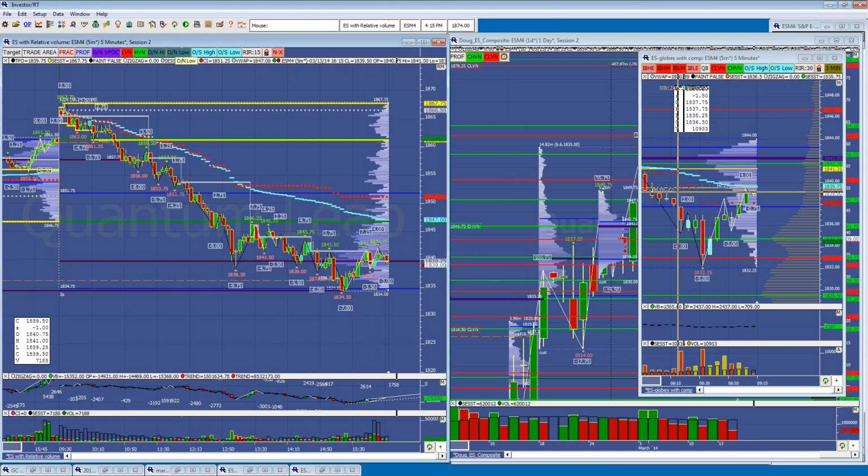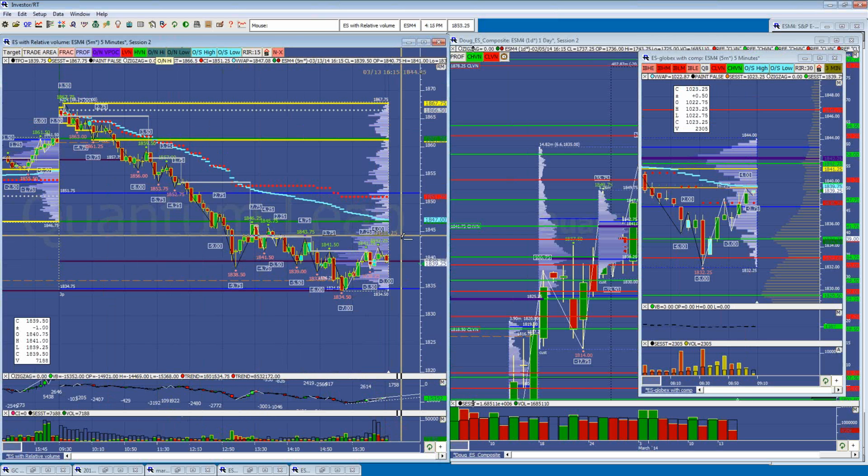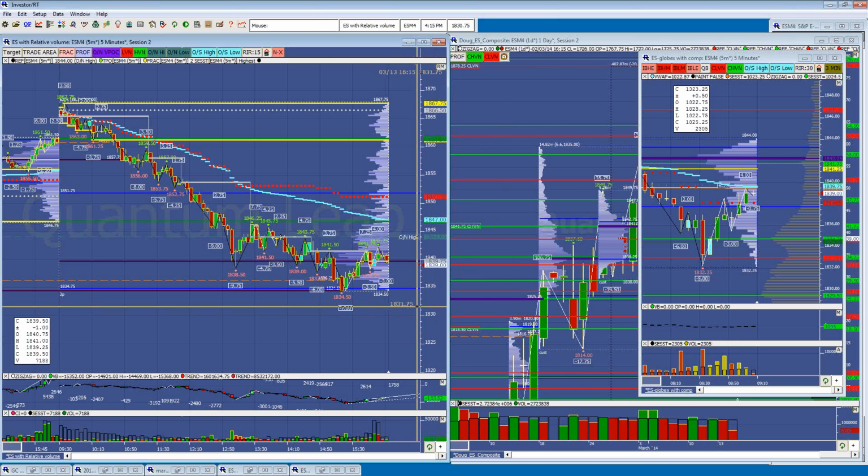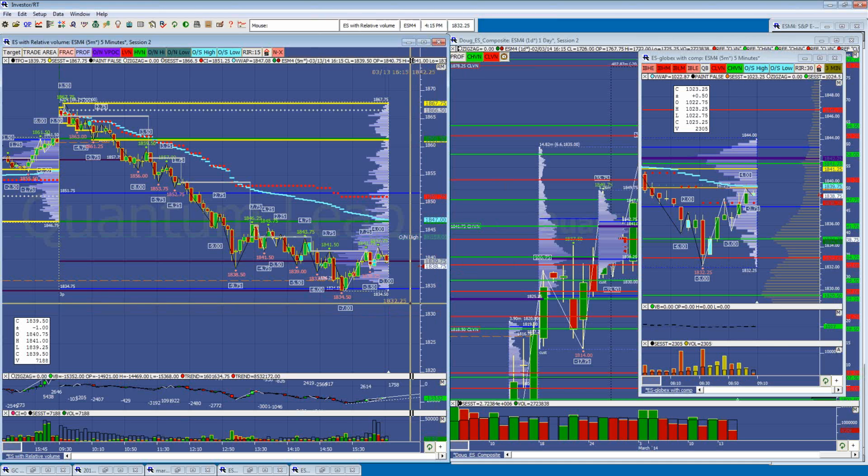So currently we have an overnight high here at 44. And we have our overnight low at 18.32.25. See how the market has memory? They came down to that 32.25, and that was the big number we bounced off of the last time we came down to pick up buyers in the March contract.